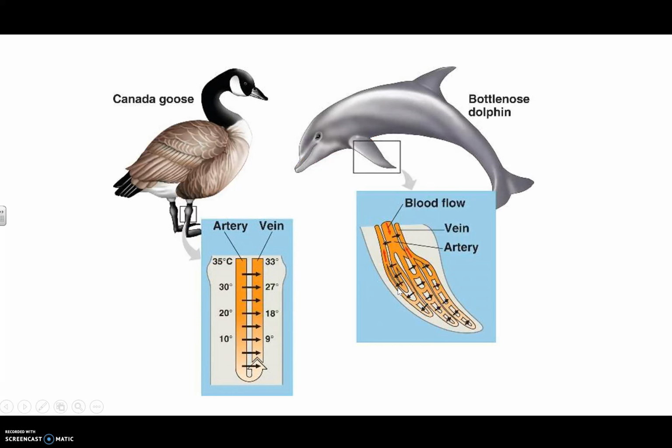Now here is the second concept, and this one is called counter current exchange mechanisms, and there are actually going to be three that I go over with you right now. The one we're looking at right now has to do with temperature regulation or thermoregulation. And so whether you are a dolphin or a goose, the way that their appendages work, their arteries are right next to their veins, and it's a way that they can make sure that their blood gets warmed up when returning to their body.